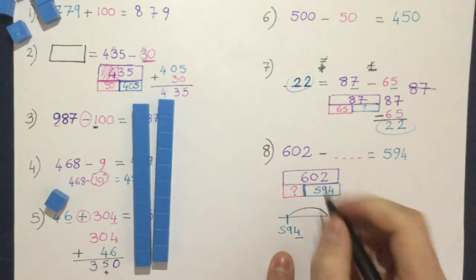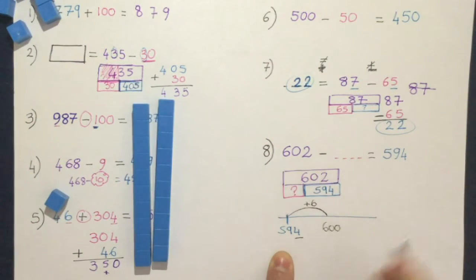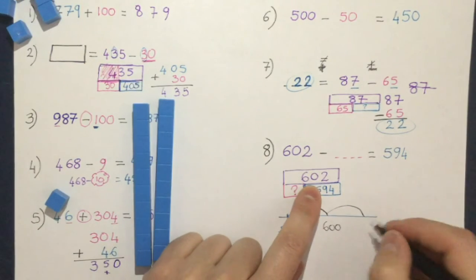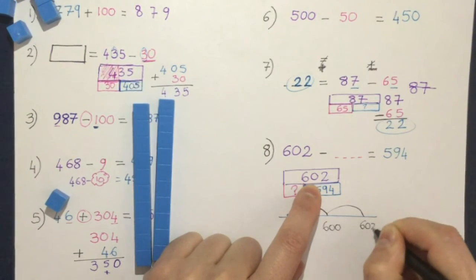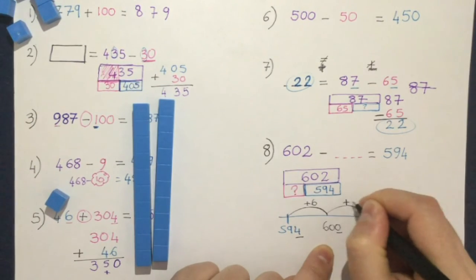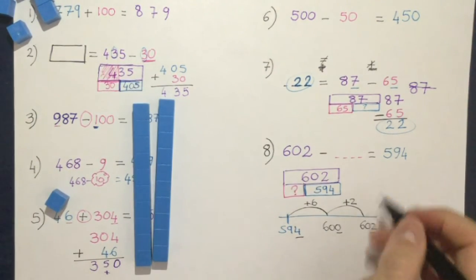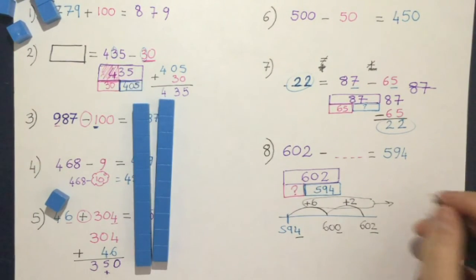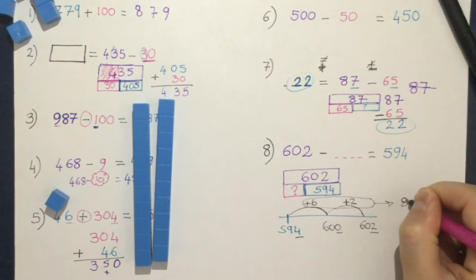Okay, so 4 plus 6 equals 10, and that would be 600. And then from 600 to 602, what did I change? I added 2. So I know that in total, this is what I added. 6 plus 2 is 8. So my question mark would be 8.